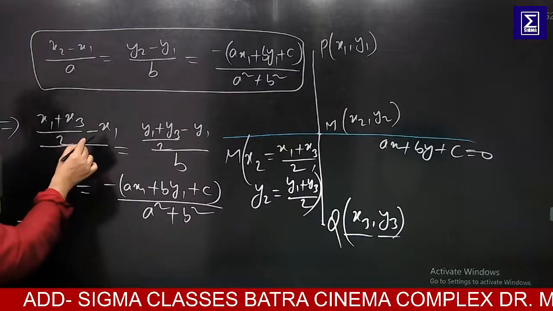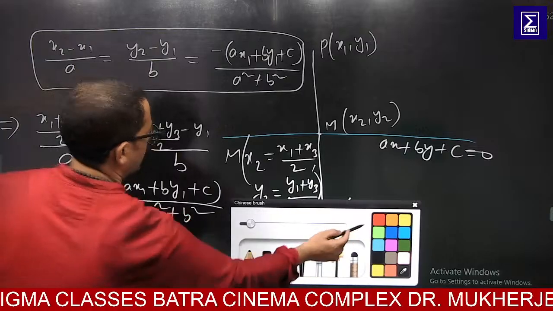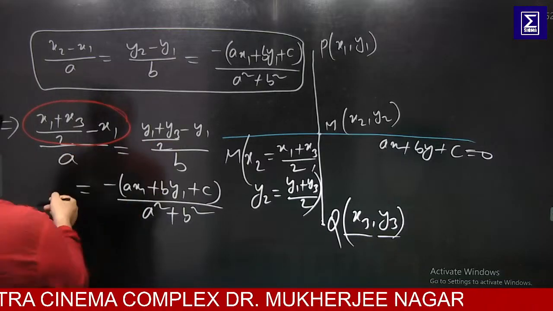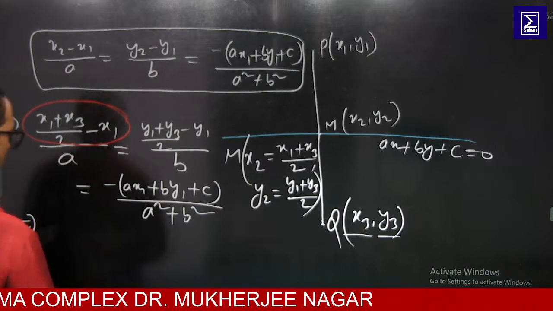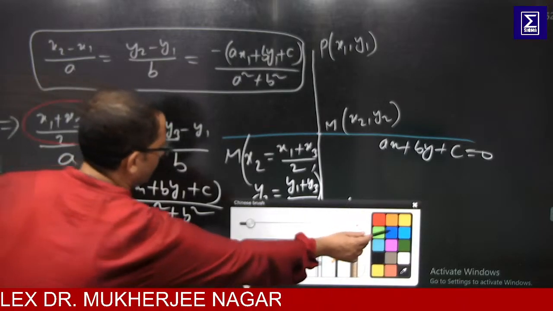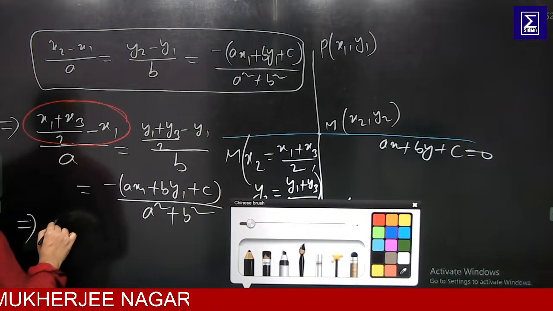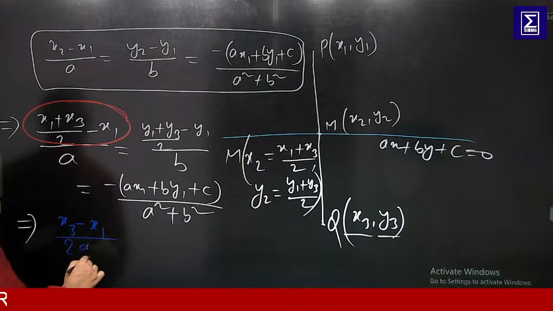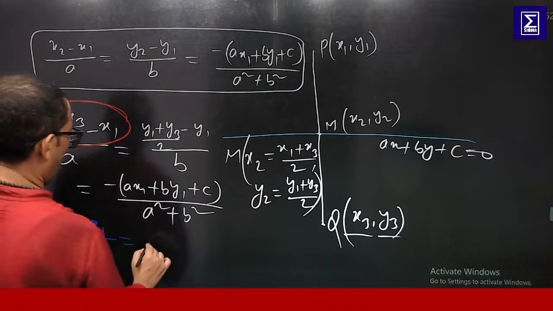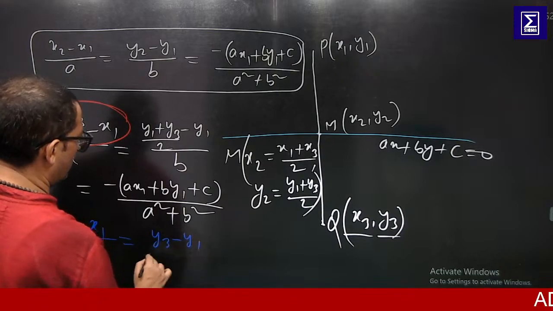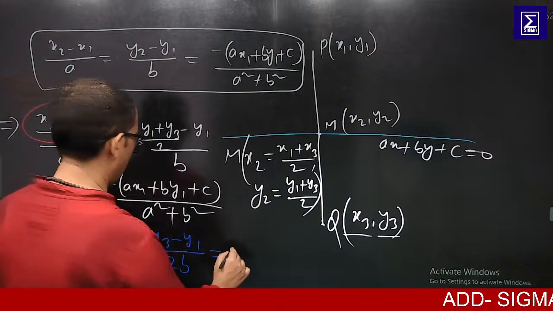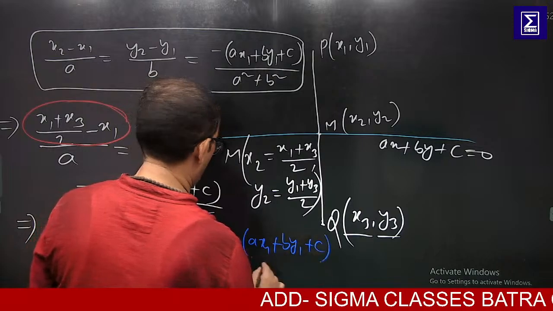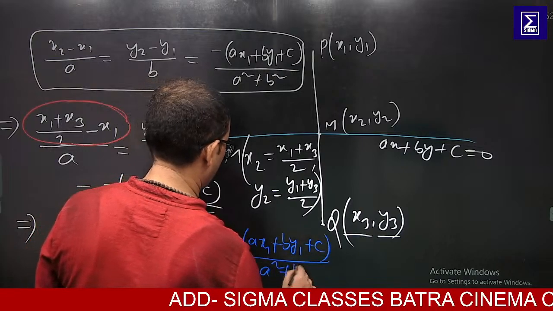So if you solve this, what we shall get? 2 will be taken LCM and 2 will come in the denominator. So next step would be (x3 - x1) upon 2 times a is equal to (y3 - y1) upon 2 times b, that is equal to minus of (ax1 + by1 + c) upon a square plus b square.